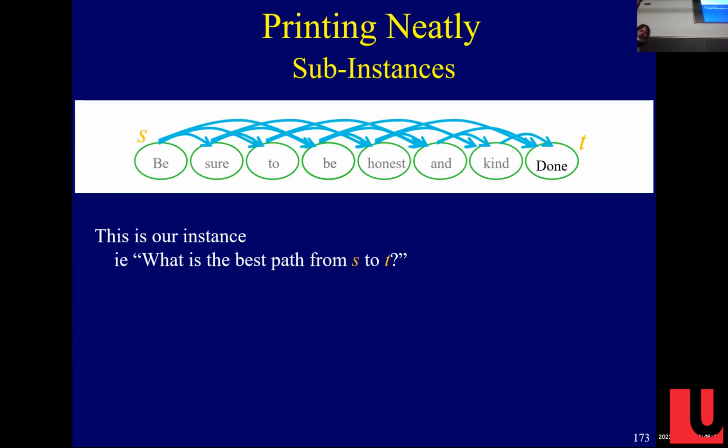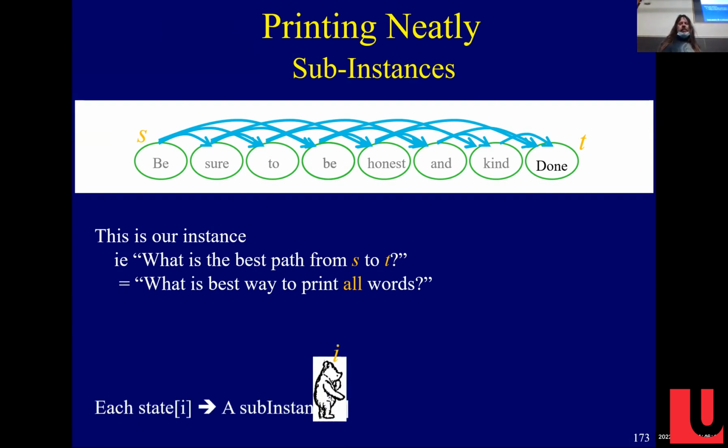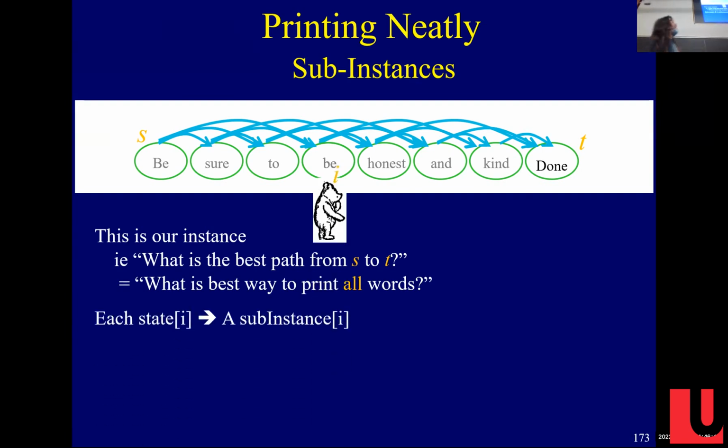And so that was this graph, and so our instance is the best way to print all the words, which is related to the best path from S to T. And we can ask, well, what are our sub-instances, right? So for each node in this graph, there's going to be a sub-instance.